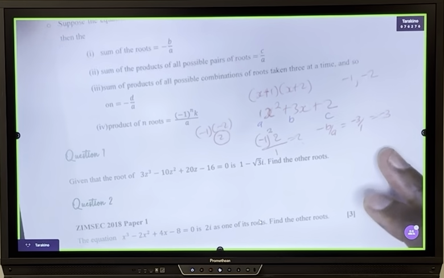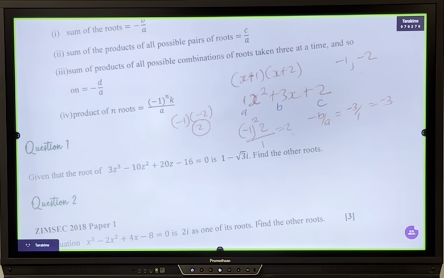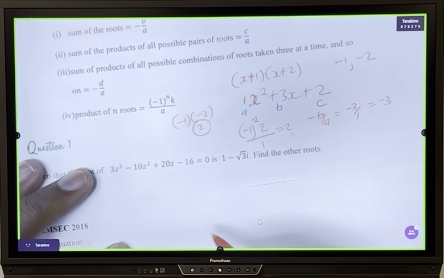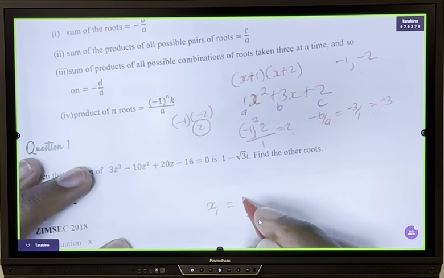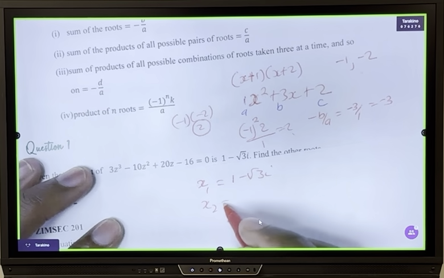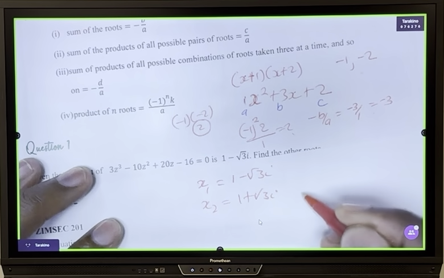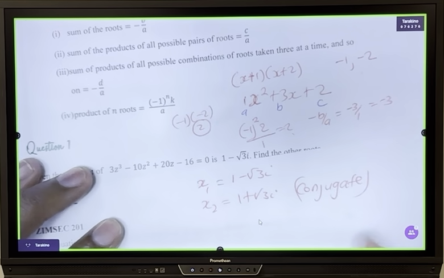Now we are given the first example, where it says, given that a root of 3z cubed minus 10z squared and so on, equal to 0, is 1 minus root 3i, find the other roots. If you are given root x1, which is 1 minus root 3i, the other root is always the conjugate, 1 plus root 3i.